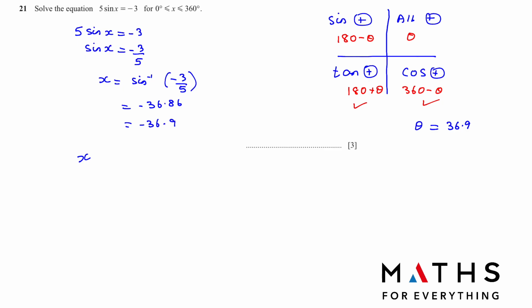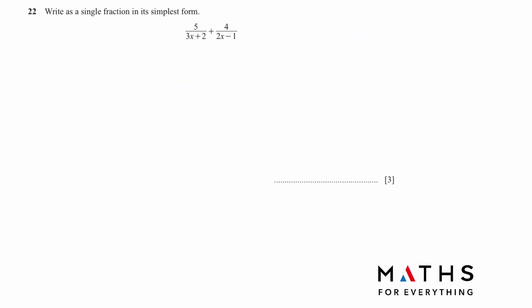The first value will be 180 plus 36.9, which is 216.9, and the other is 360 minus 36.9. Why minus? Because it's a minus theta. So 360 minus 36.9, we will get 323.1. I hope it's clear to you.